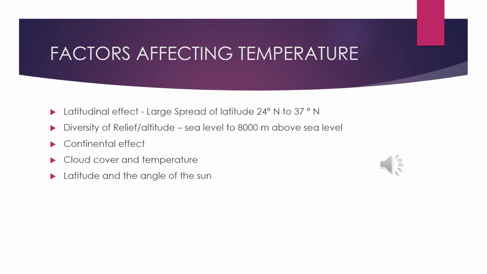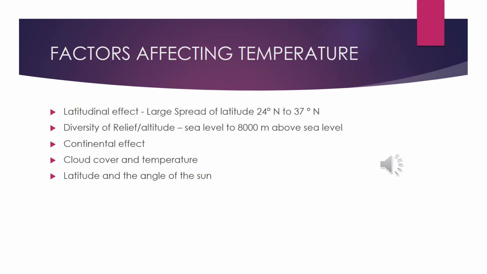Other than these factors, cloud cover plays an important role in the temperature of an area. It could be described as a greenhouse effect. Now what happens if there's cloud cover during daytime, which would not allow the sunlight to reach the surface of the earth in that particular area? That area is going to have a relatively lower temperature during that day.